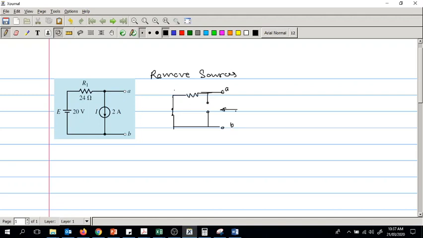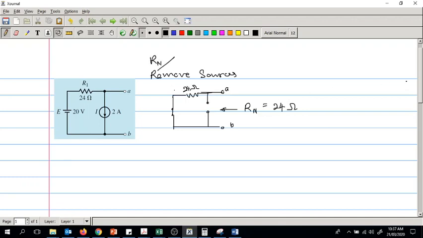So when you look into this, this is 24 ohms. Our Rn is 24 ohms. So the first part is done. Now we'll have to take one source by source. That was to find out Rn, right?